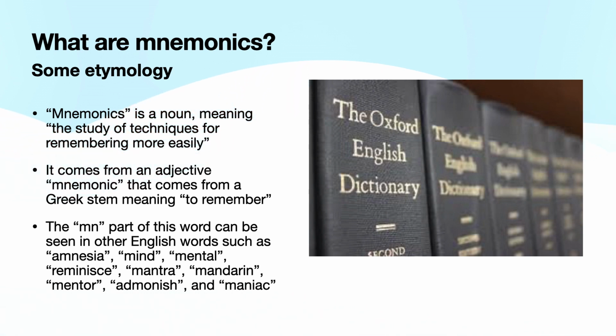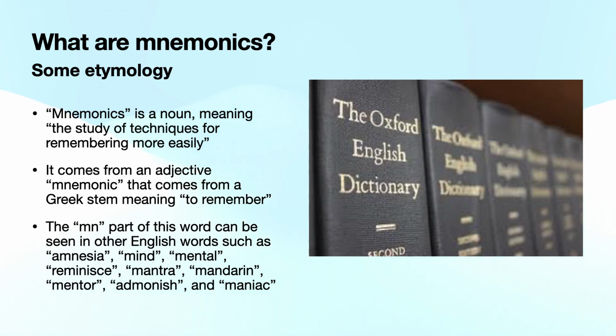Mind comes to us from Old English, while mental and reminisce come from Latin words. Mantra is a Sanskrit word that literally means something you think with, and Mandarin is a derivative of that word through Portuguese, referring to someone with the sort of advice that a mantra might give. The original Mandarins were advisors in the Chinese government.